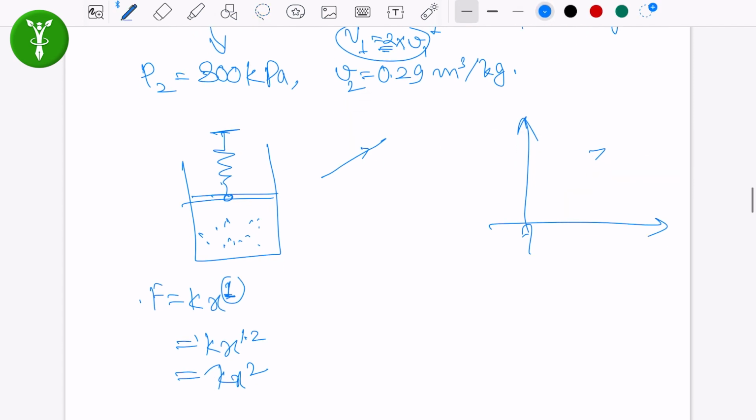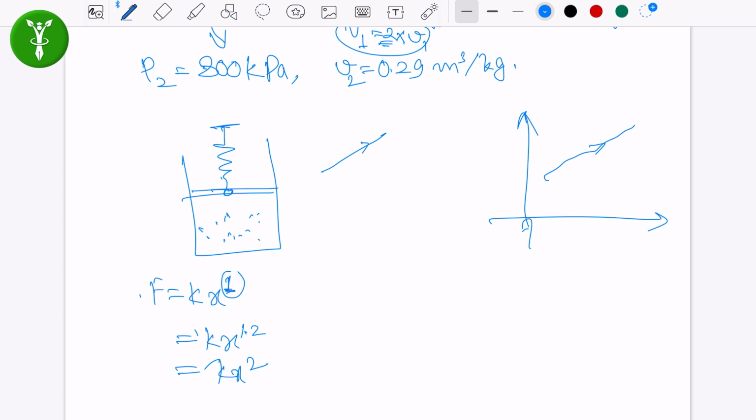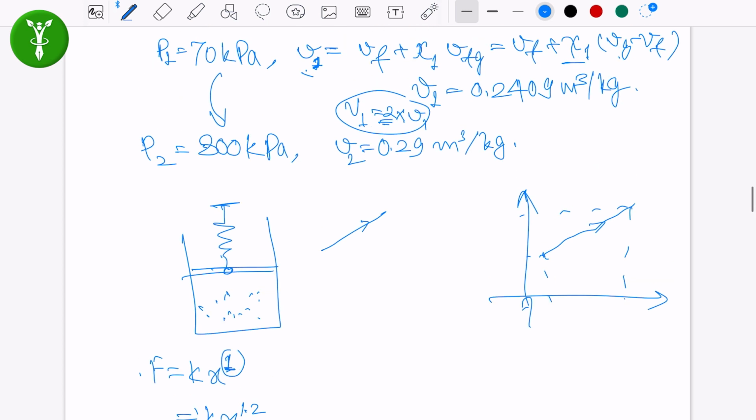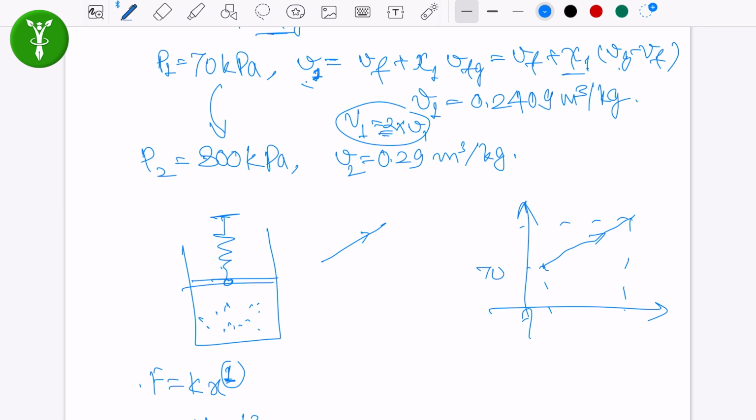Now see, pressure increases from where to where? It increased from 70 kilopascal to 800 kilopascal on the PV curve. Now the volume we know. Let's mark it as V, so here we have V1, here we have V2.